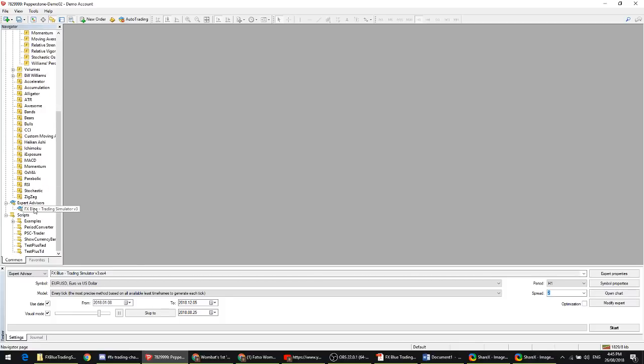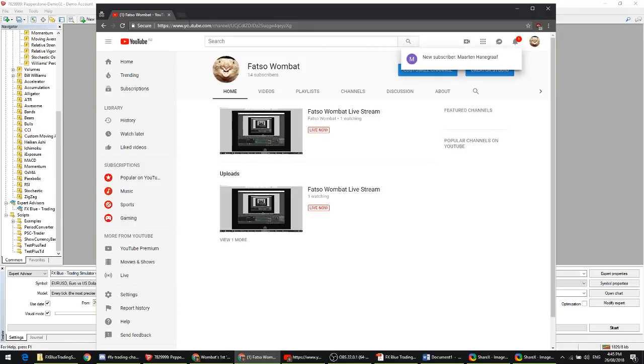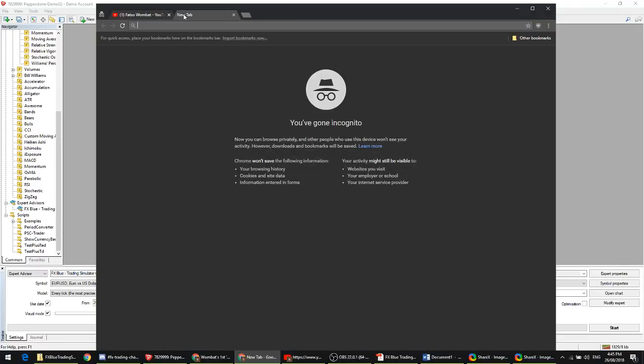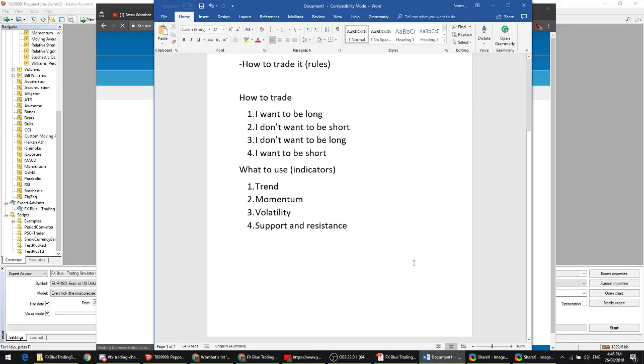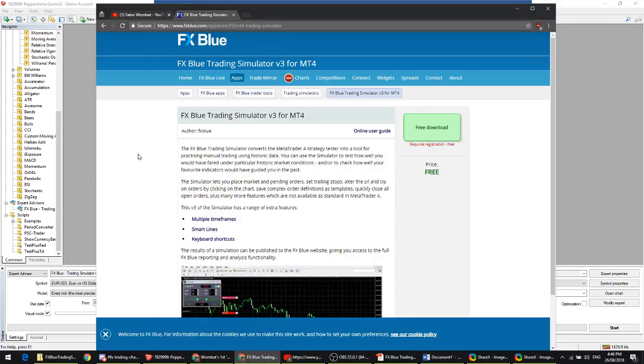Now, one thing that will be useful for you if you use MT4 is FX Blue's Trading Simulator. So that's the web page there.